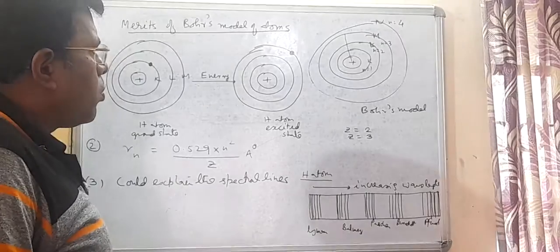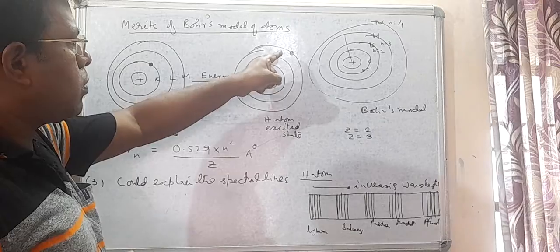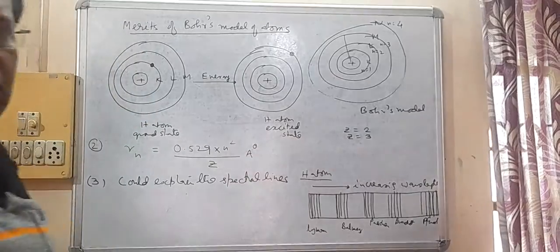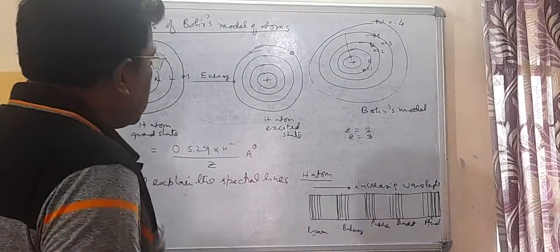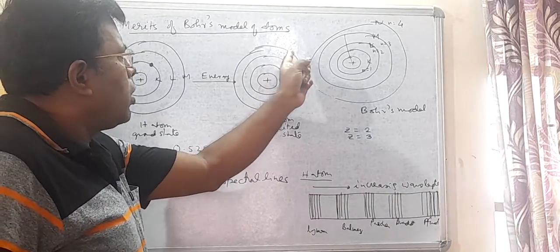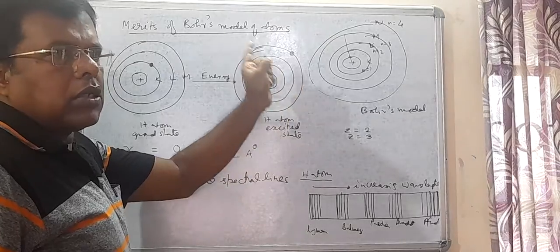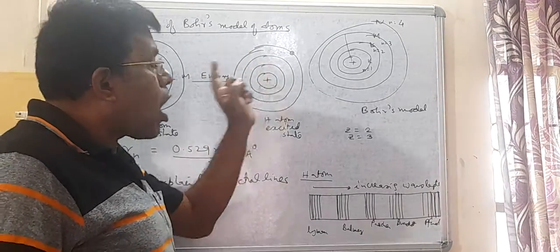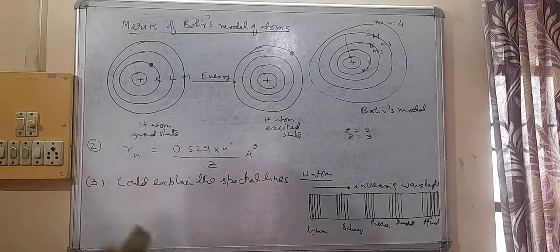Now, electron will not remain here in the excited state for long. After some time, it will again come back to its original ground state. So, obviously, when the electron will come back to its original state, it will emit energy. How much energy will be emitted?